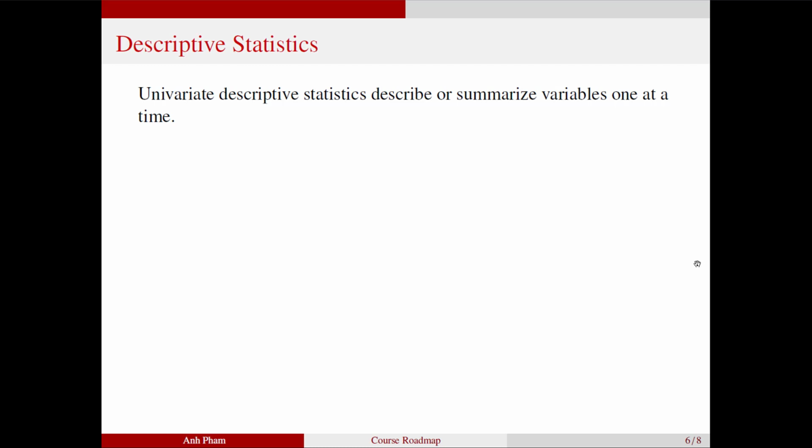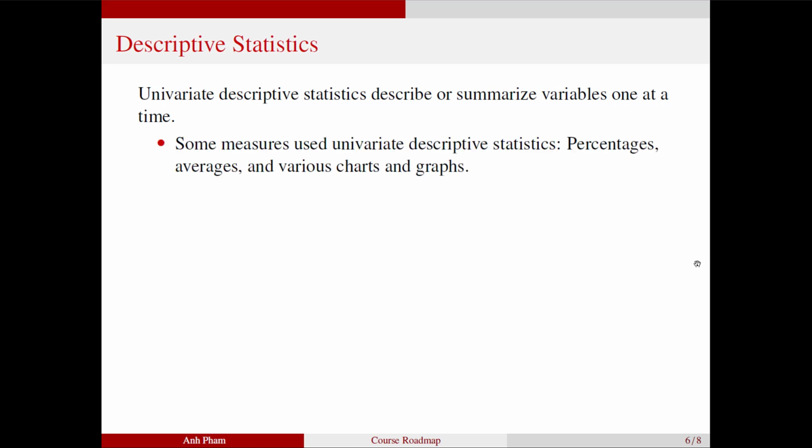Univariate descriptive statistics describe or summarize variables one at a time. Some measures used in univariate descriptive statistics are percentages, averages, and various charts and graphs.